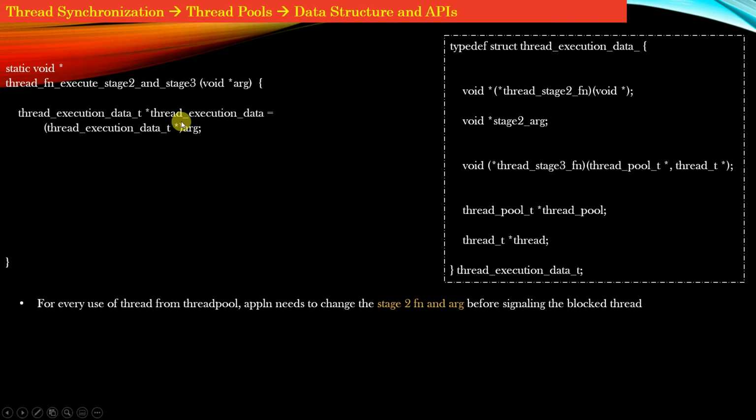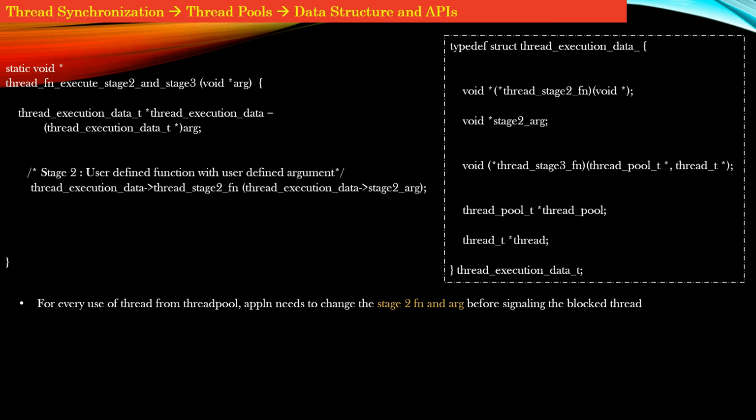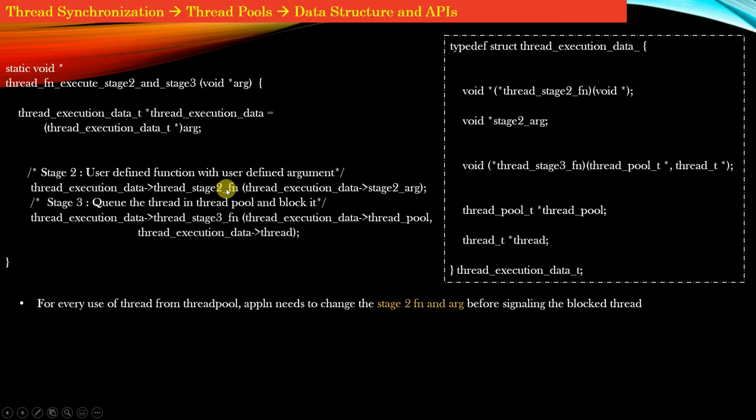And the thread execution data has complete information regarding how to execute stage 2. So now it's time for us to actually trigger the stage 2 execution. And stage 2 execution can be triggered as follows, right? Simply invoke the stage 2 function with the stage 2 data, right? And when this function returns, it means that the stage 2 execution has been finished and it's time to actually execute stage 3.